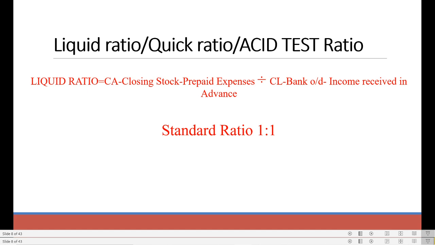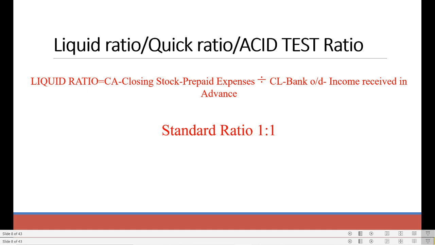The numerator is current assets, that is CA, minus closing stock minus prepaid expenses. Why have I deducted these two from current assets? As I said, current asset is a broader term which includes quick as well as non-quick, but here I want only quick assets. So from current assets I'm deducting non-quick assets. These two, closing stock and prepaid expenses, are non-quick assets.